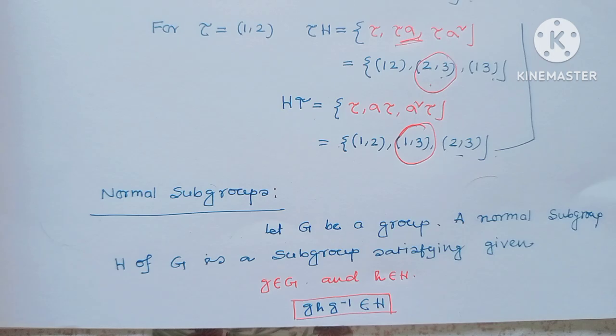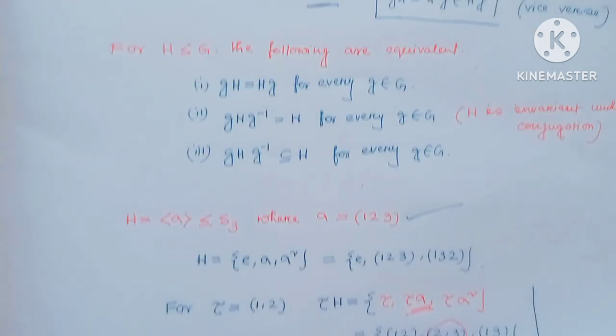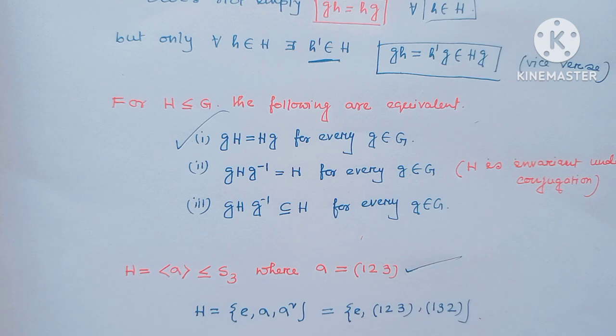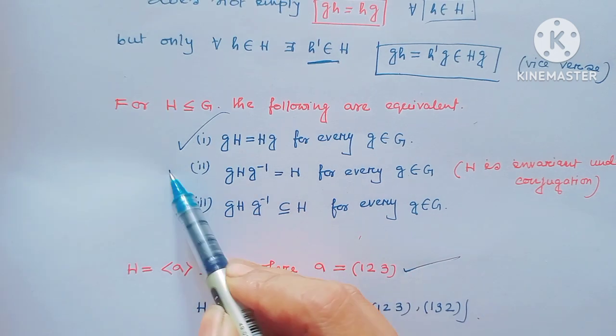Therefore, another definition we can write in this way: given a group G, a normal subgroup H of the group G is a subgroup satisfying the condition that for g belongs to capital G and h belongs to capital H, g h g inverse belongs to H. That means when there is no distinction between left coset and right coset, this implies this.